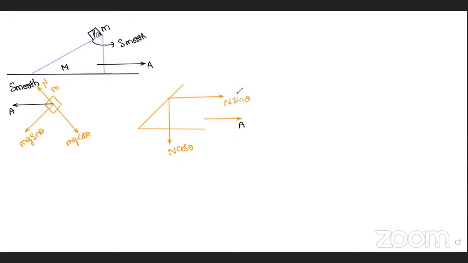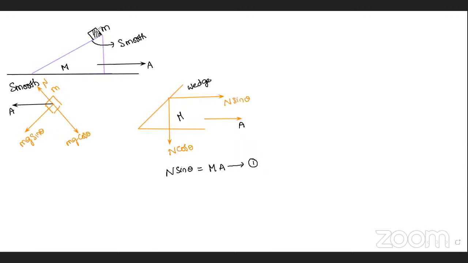In this case, directly I can write, towards the right, only one force is acting on the wedge of mass capital M. So net force along the x-axis is n sine theta, which is F net. F net is M into A. Equation is very easy to say in the first case.